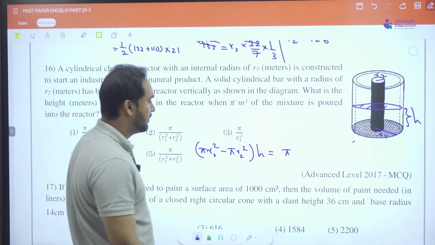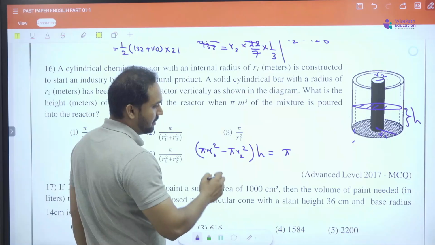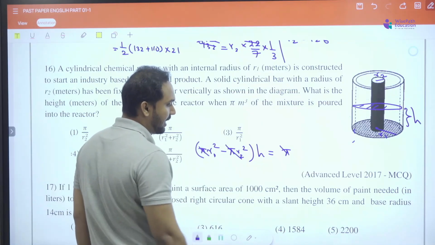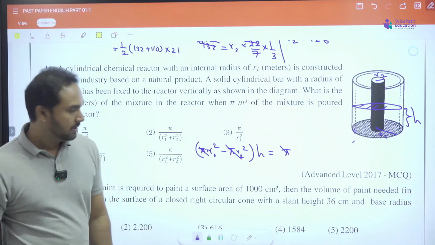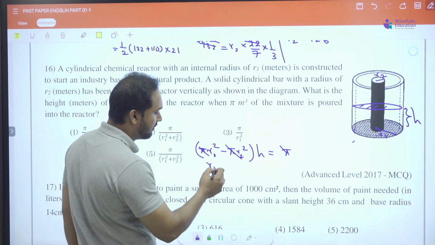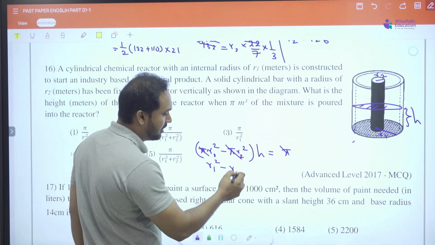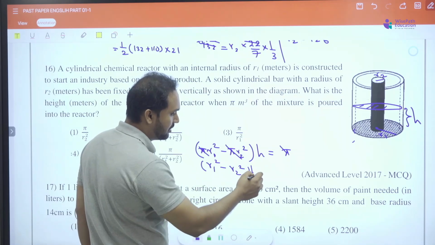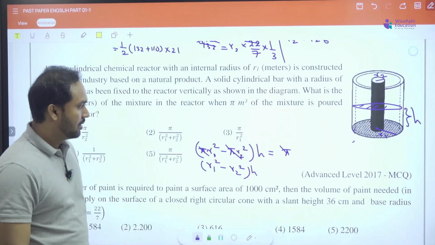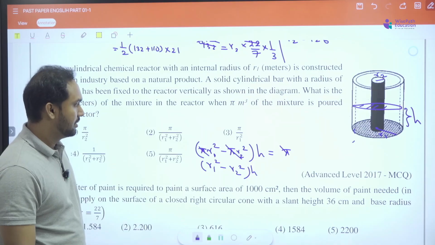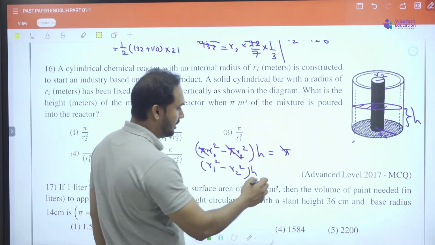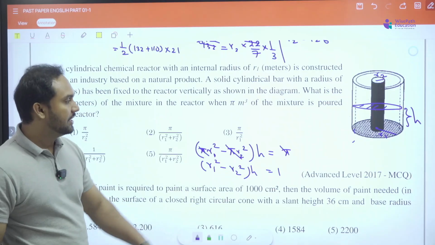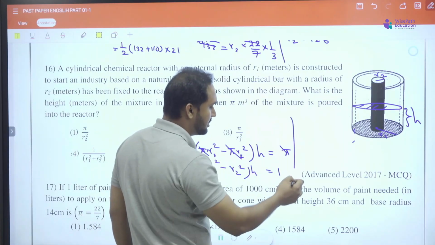So it's simple. So what happens now? Pi to pi cancels out, right? So what is left there? R1 square minus R2 square into h is equal to 1. What do you want now? You want the h, right? So you isolate h.